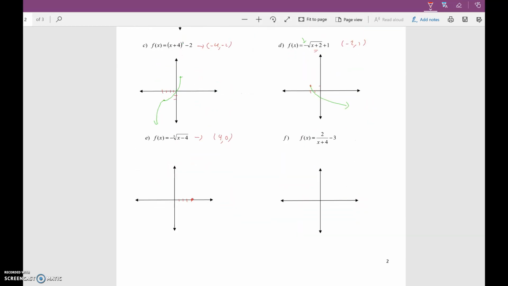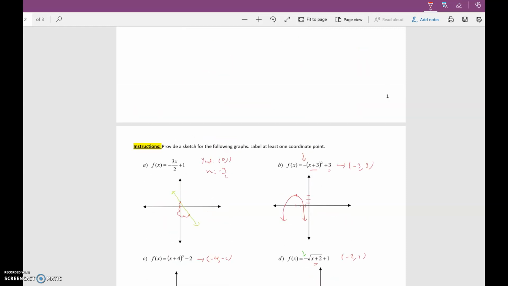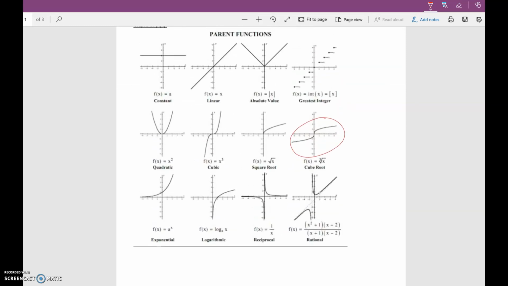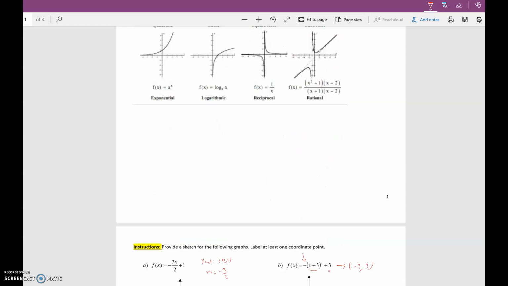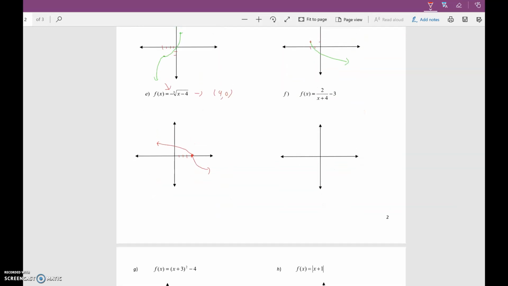Because of the negative, instead of opening upward, it's going to open downward, and then it's going to be in this direction. So it's basically this graph, but the portion that happens to be on the positive is going to be on the negative. What used to be negative will be positive. So that's the actual sketch that we're looking at.